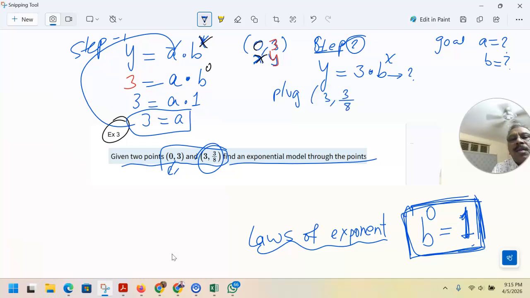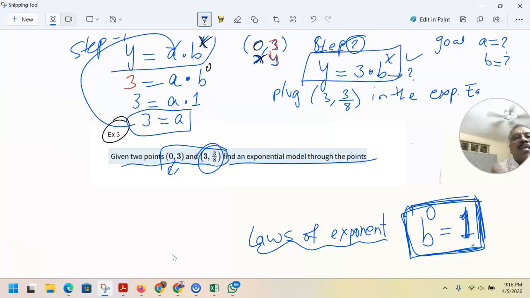3, 8 in the exponential equation. So this one. So this is the one, right? Of course, it was this. Now that we already got a, we change to this. So let's plug in x and y.